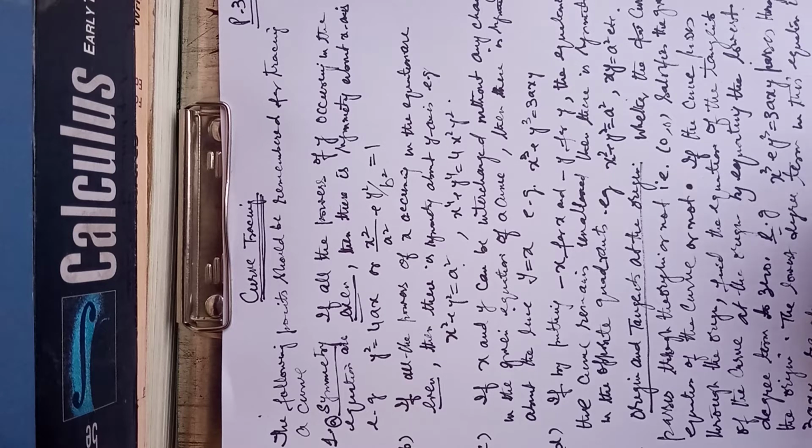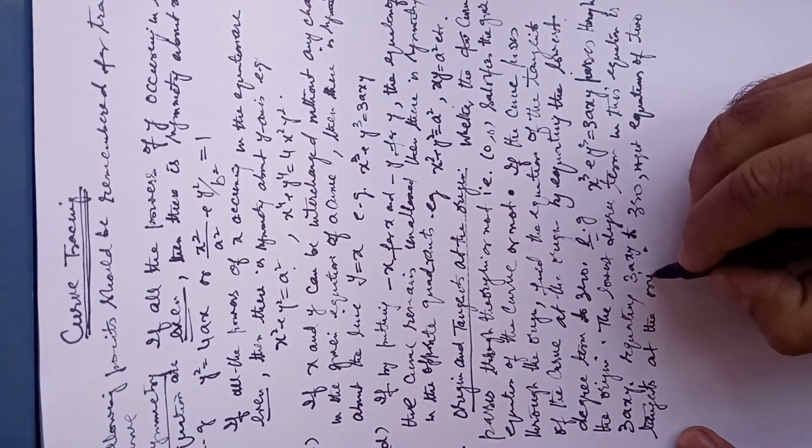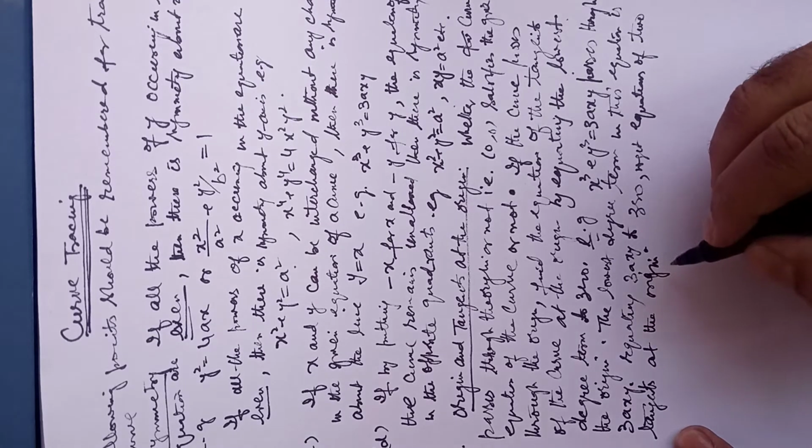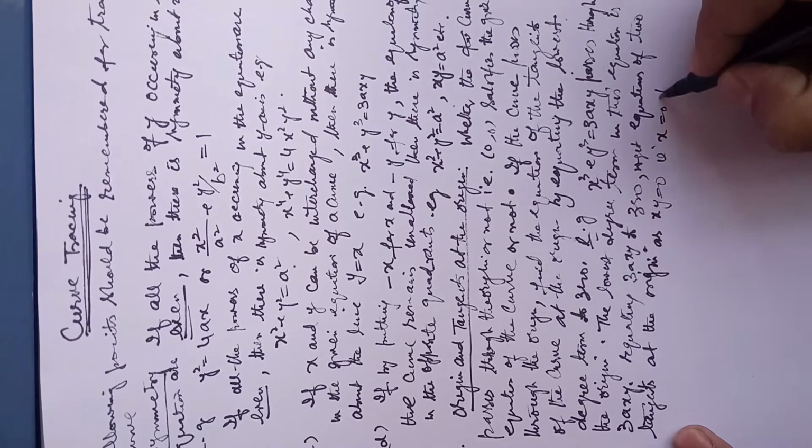Equating 3axy to 0, we get equations of two tangents at the origin, as xy equals 0, that is x equal to 0 and y equal to 0.